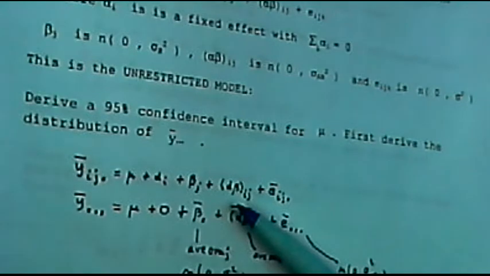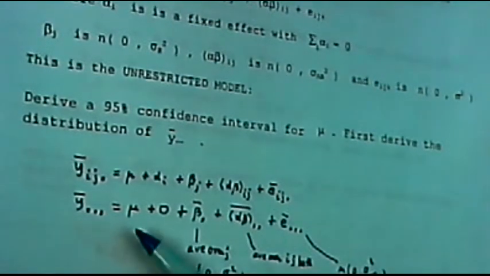So I start here and I say, well, just to get my fingers wet, y bar ij dot, which says average over the third subscript k, gives me something like this. Mu, alpha i doesn't change, beta j doesn't change, alpha beta ij doesn't change. But I get an average coming here on the end in the e, so I have that.